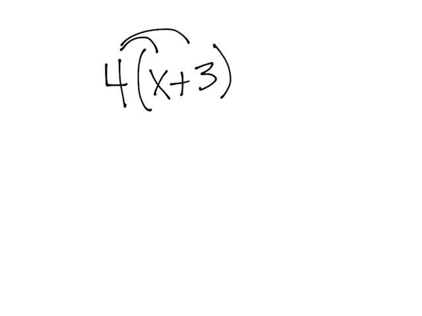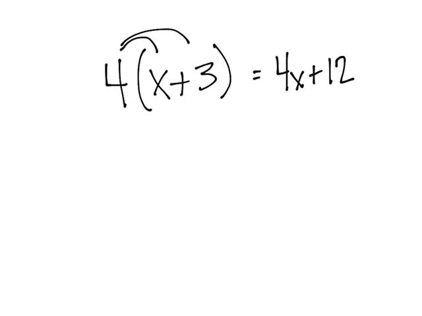We've already done polynomial multiplication of monomials and binomials. This is as simple as 4 times x plus 3. When we use our distributive method to get 4x plus 12, we're doing polynomial multiplication.